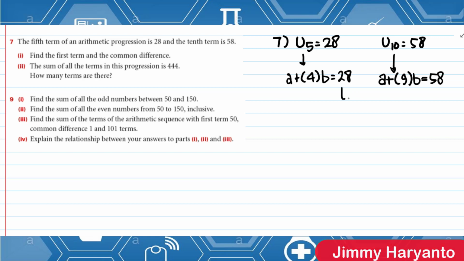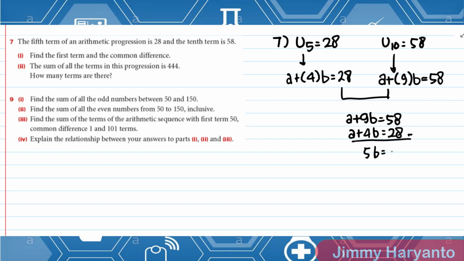We can use the elimination method to find A and B. Subtracting, it will be 5B equals 30. So B will be 6 and A will be 4. So the first term will be 4 and the difference will be 6.